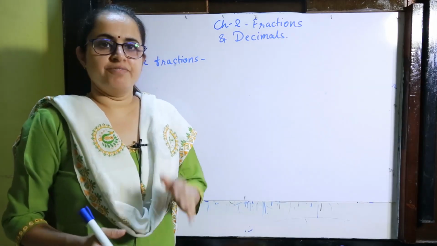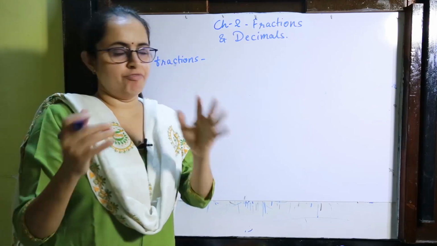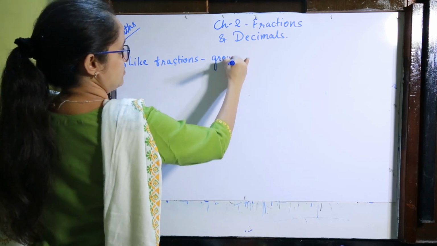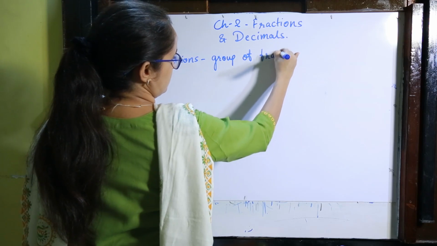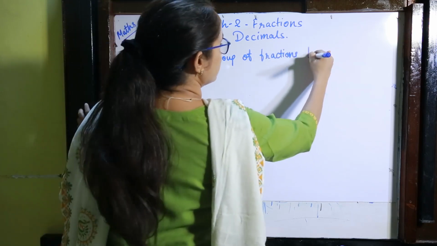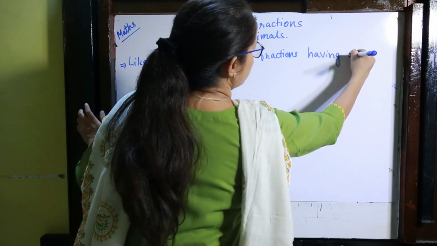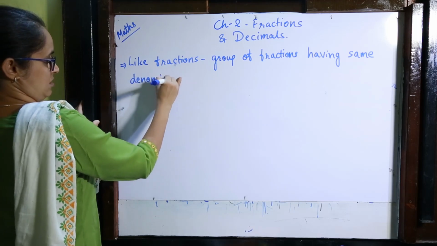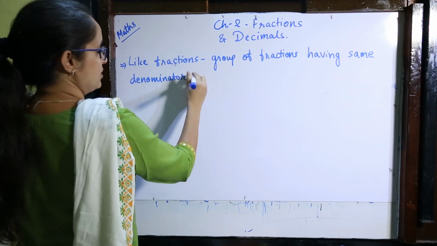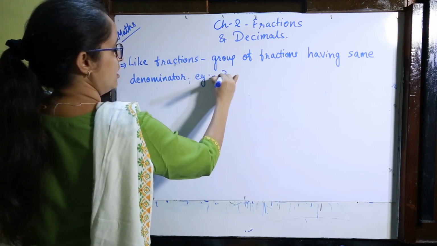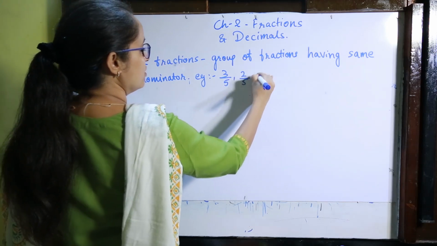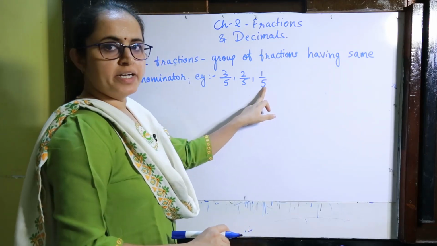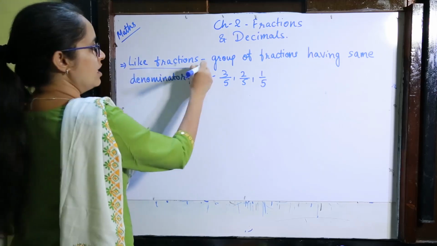Example: 3 upon 5, 2 upon 5, 1 upon 5. If you can see over here, they have the same denominator, 5. So they are called like fractions.